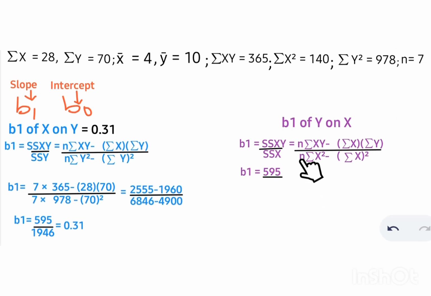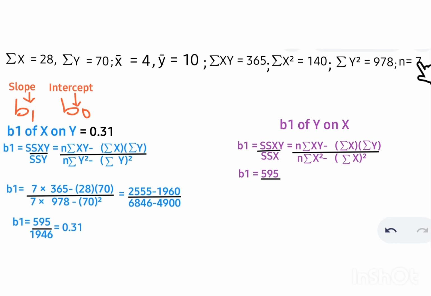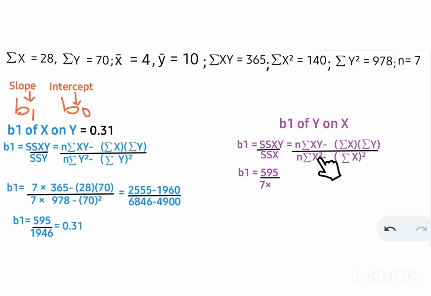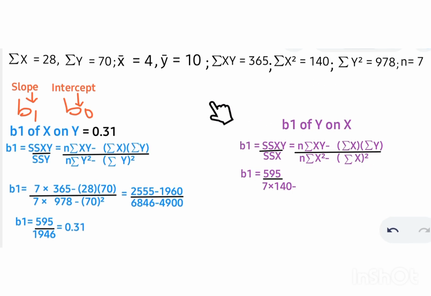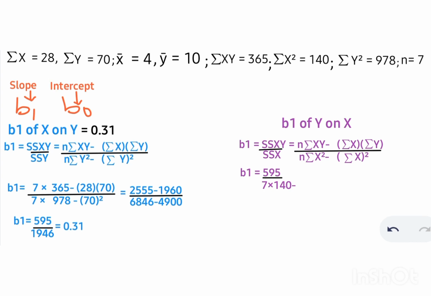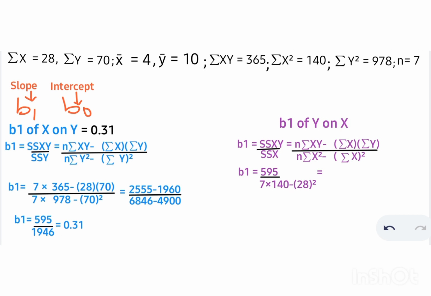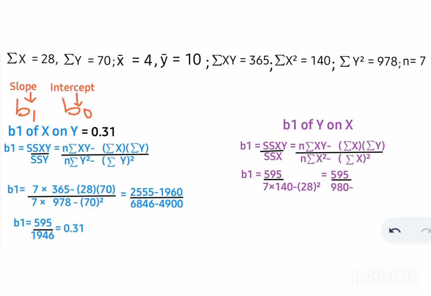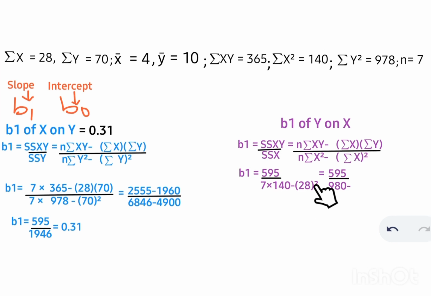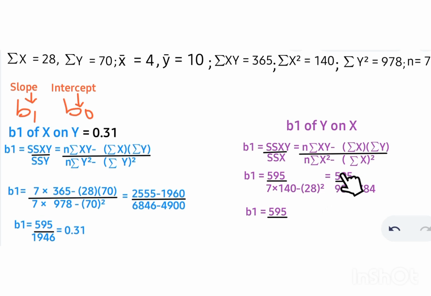We record that now. Times summation x square, we got 140, minus summation x, 28, all square equals 595 over 7 times 140, 980. 28 square gives 784. b1 will be 595 over 980 minus 784 gives.